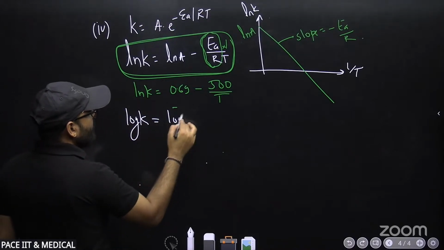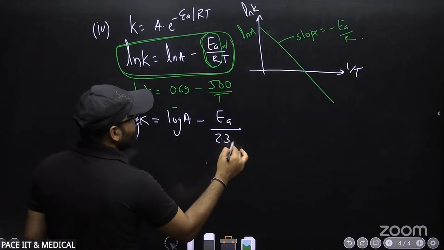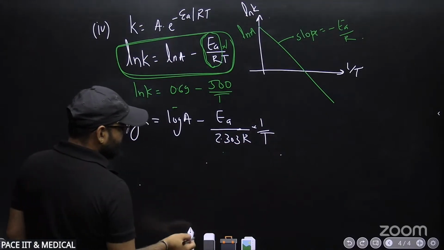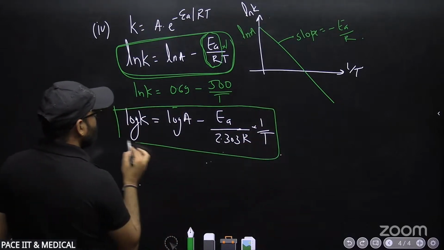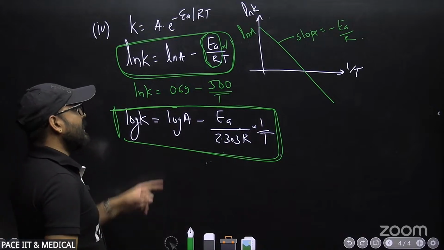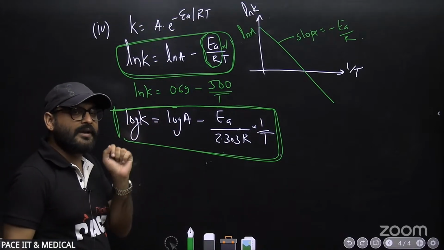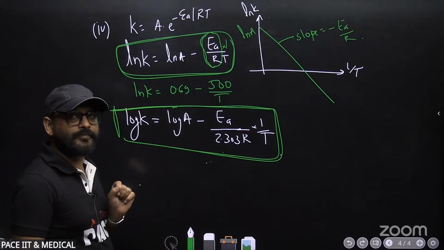So log K equals log A minus EA upon 2.303 R into 1 upon T. This is log K versus 1 upon T reaction. You have to be aware that it is given between log K and 1 by T or ln K versus 1 by T, because slope will be different. Here slope is minus EA upon 2.303 R.